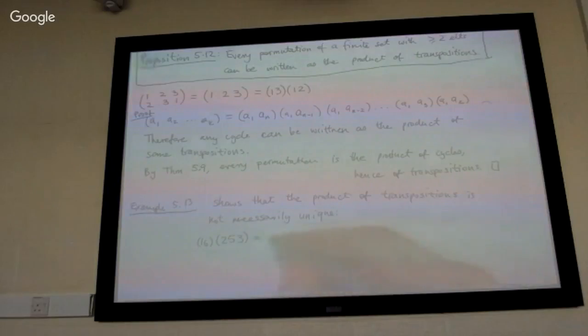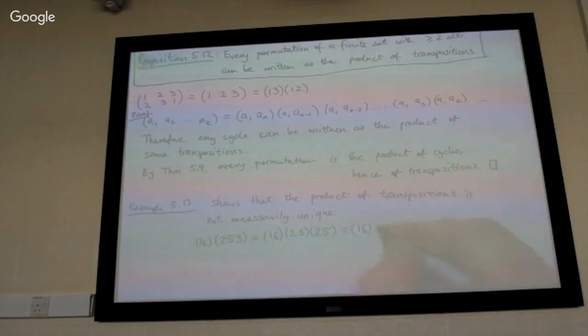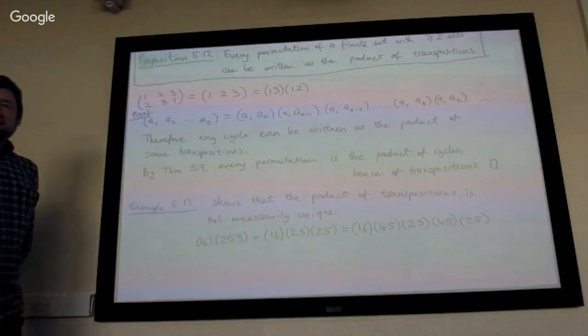You can write it as transpositions, either (1 6)(2 3)(2 5), but also (1 6)(4 5)(2 3)(4 5)(2 5).